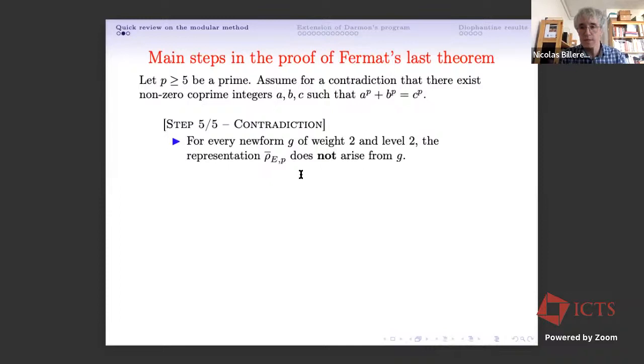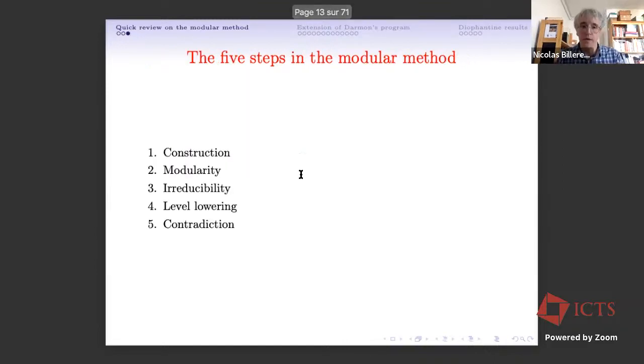So it's a very simple step, because here we just say there is no such form, so there is an obvious contradiction. Okay, so just to recap, here are the 5 steps in the modular method: construction, modularity, irreducibility, level lowering, and contradiction.